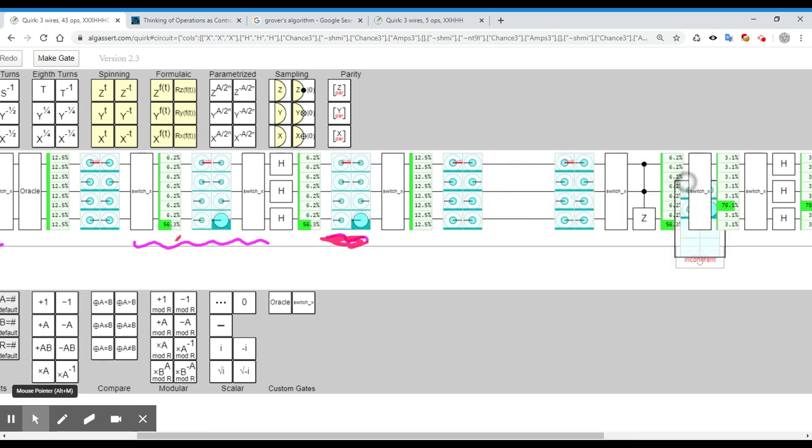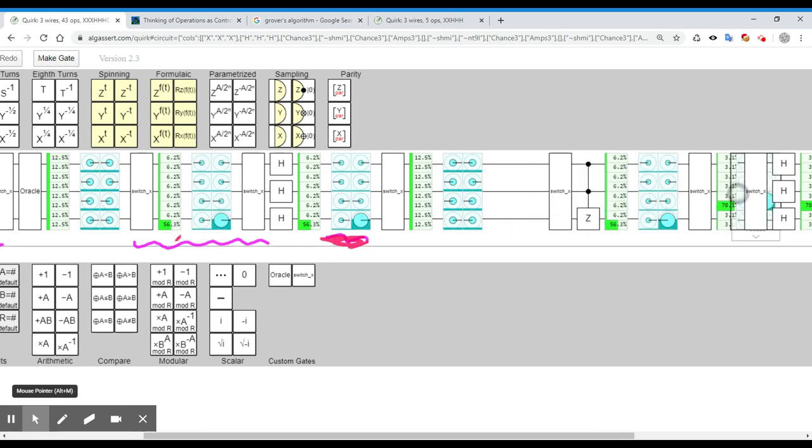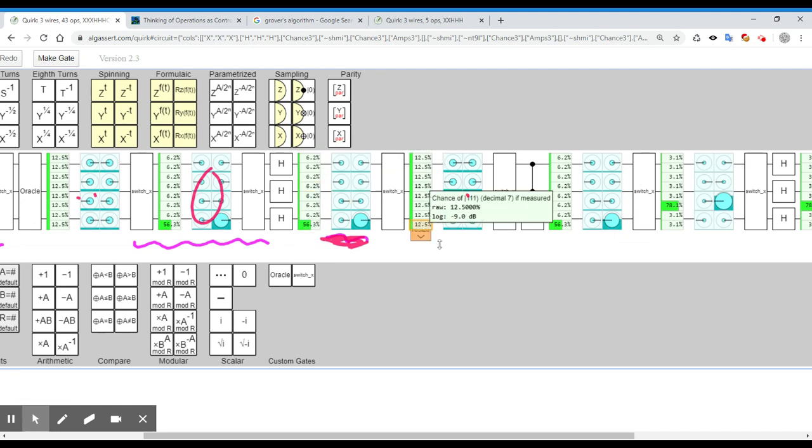The Z. So we've got one in here and the other one in here. So what's going on here?